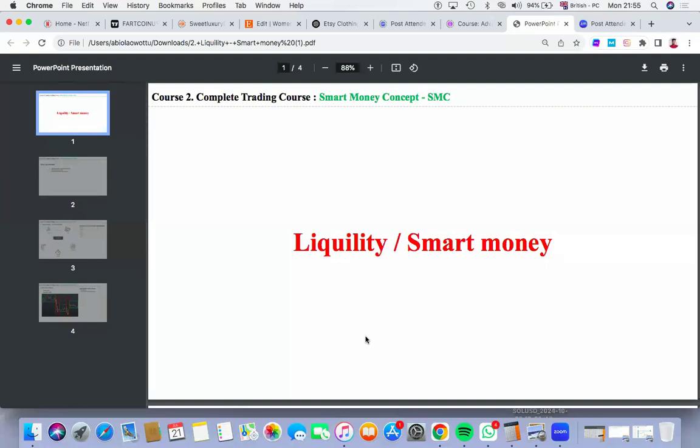In smart money, this topic is very important, and it has a lot to do with when we are doing analysis. And one of the best things that you can know in the markets, once you know how to spot it in your charts, it will make you a lot of money.